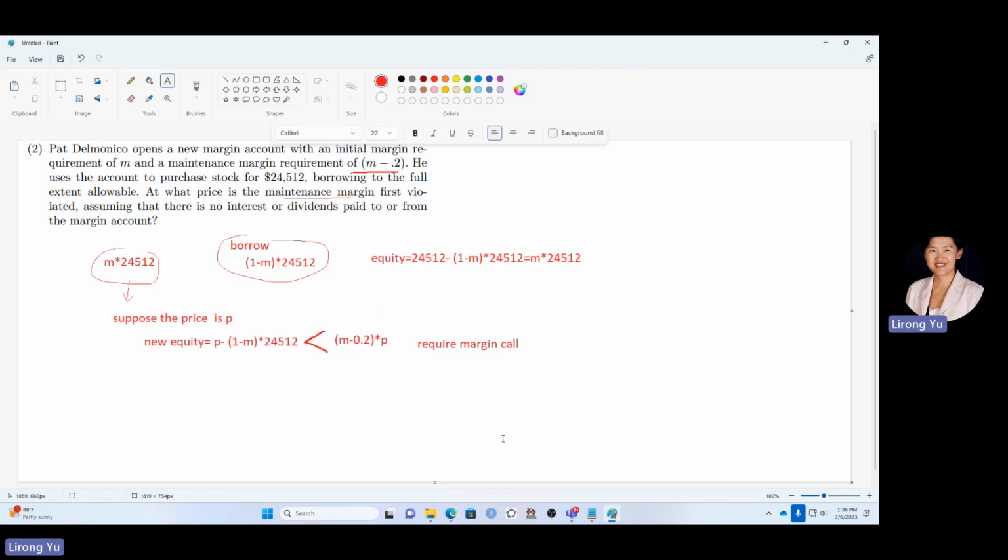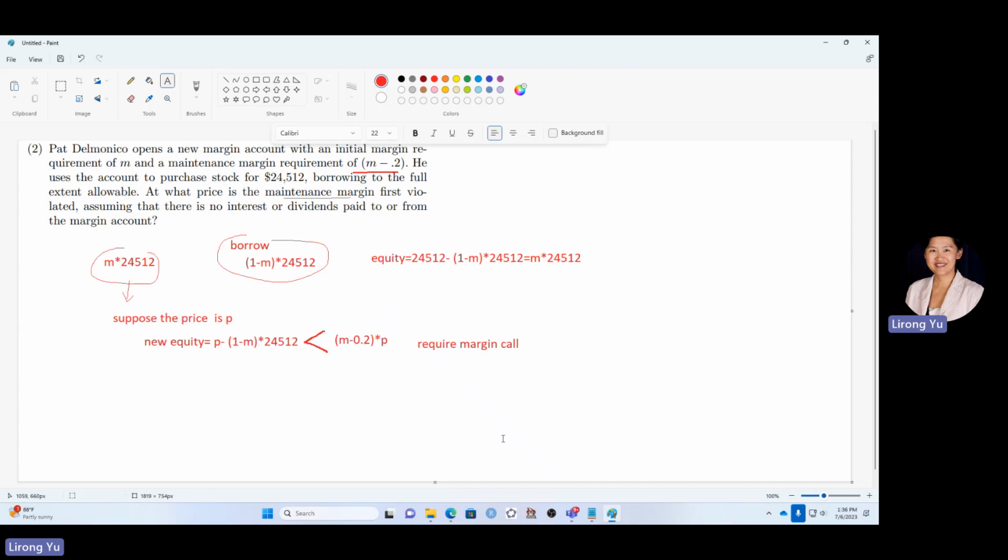Number two, you can sell some of those stocks. If you sell some of the stocks at the market price at that time, you might be able to bring up the percentage, because you have more cash, and that cash can be added back into your margin account.